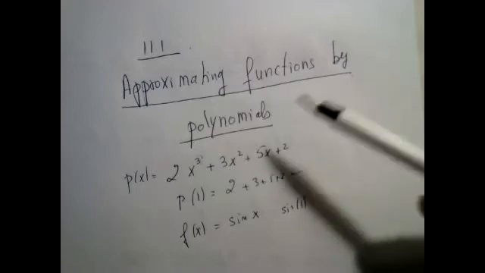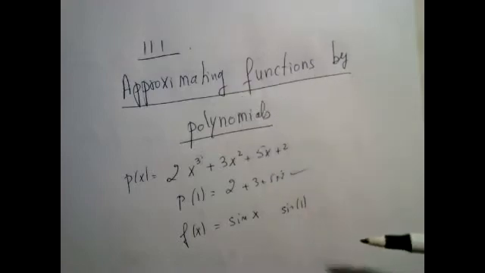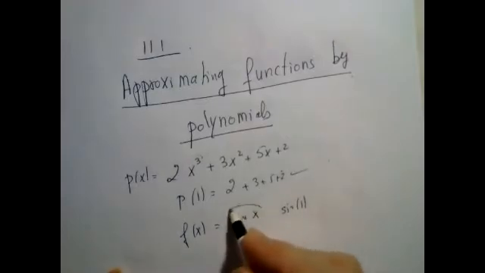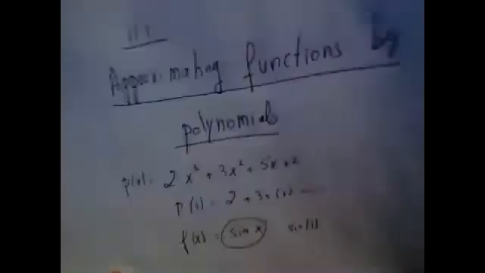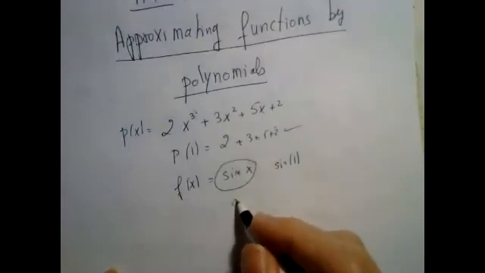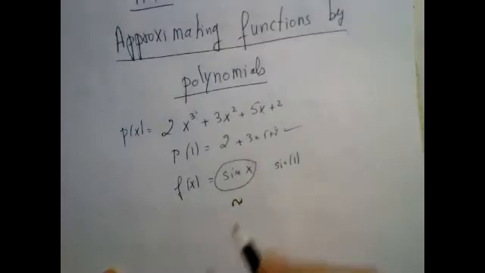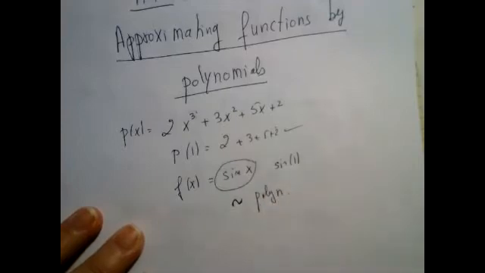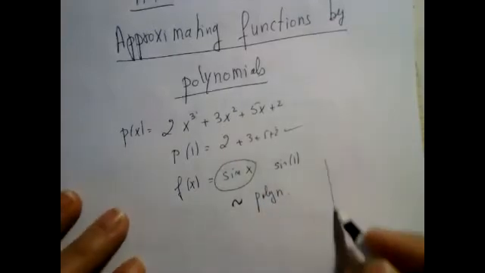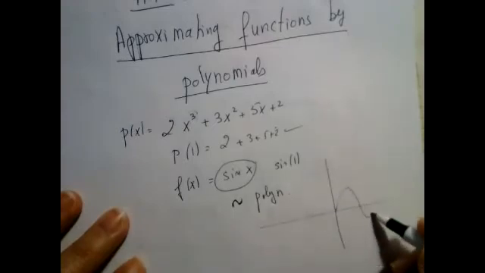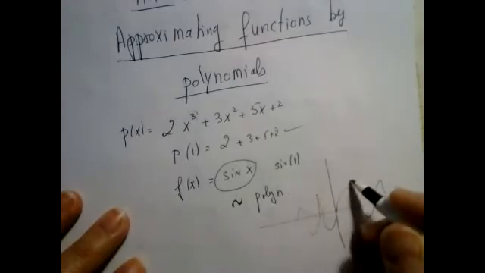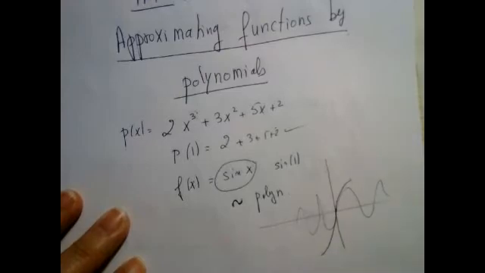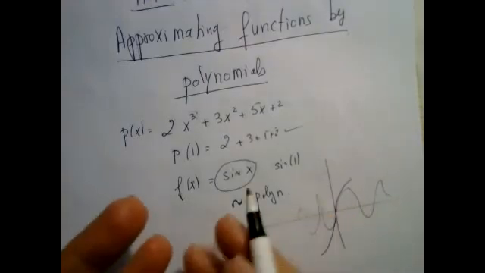Even though we are so used to those functions by now, they are not really easy to evaluate. The idea of approximating a function by a polynomial is a way to take any function, no matter how complicated it is, and approximate it. We're going to view the sine function as a nice polynomial, a simple function.